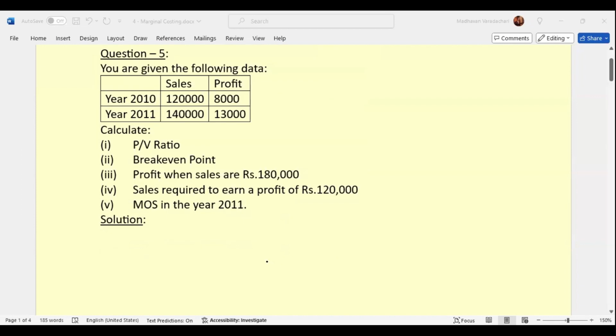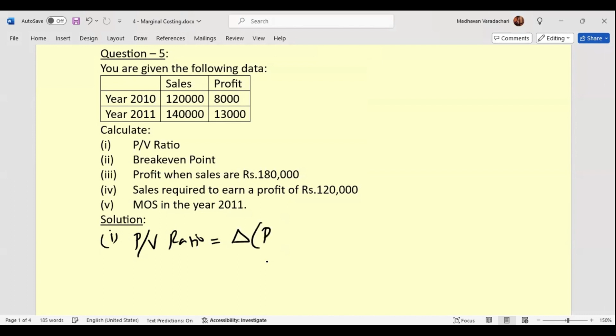First one, PV ratio. Since sales as well as profit is available for both the years, we can find out PV ratio by calculating change in the profit divided by change in the sales.